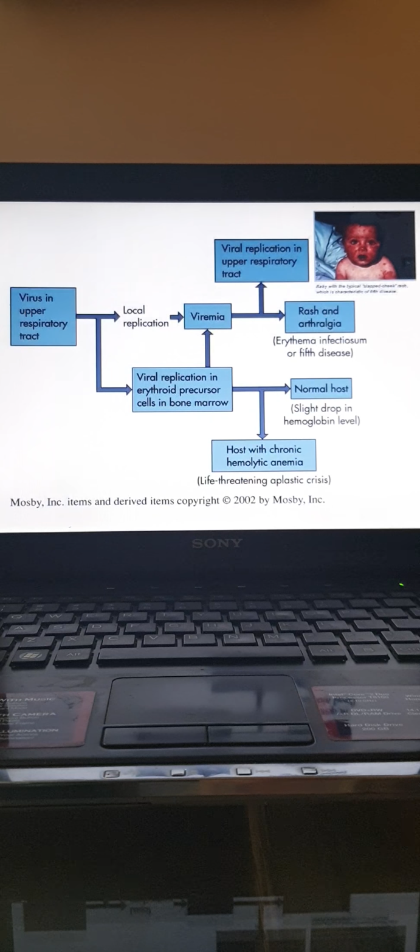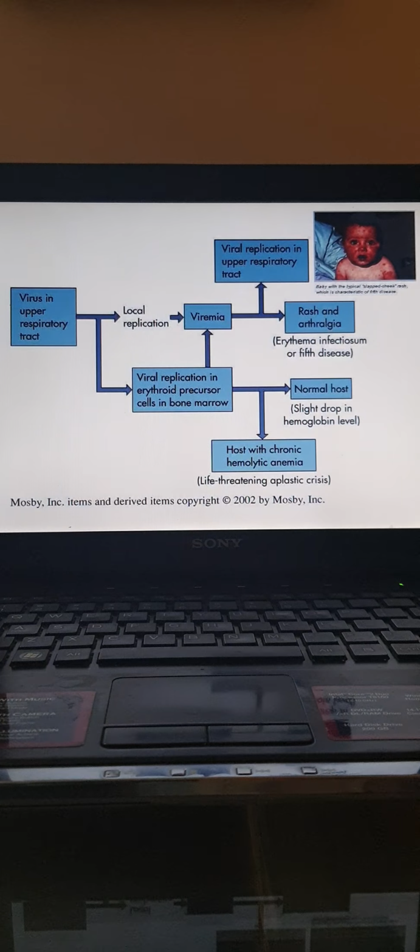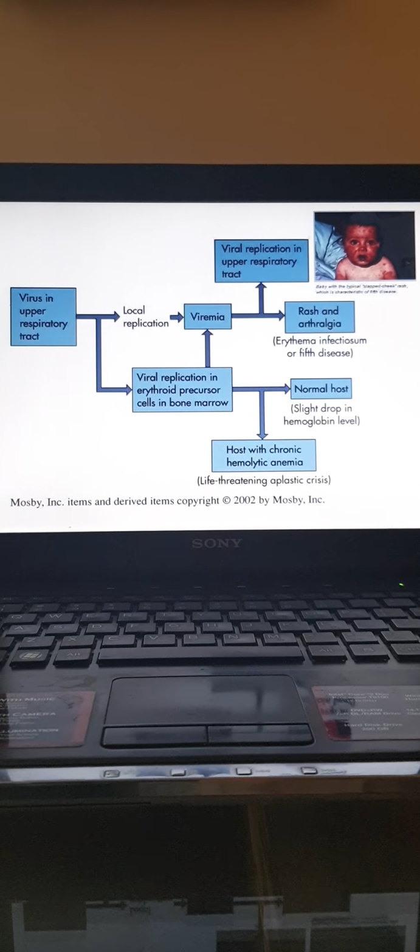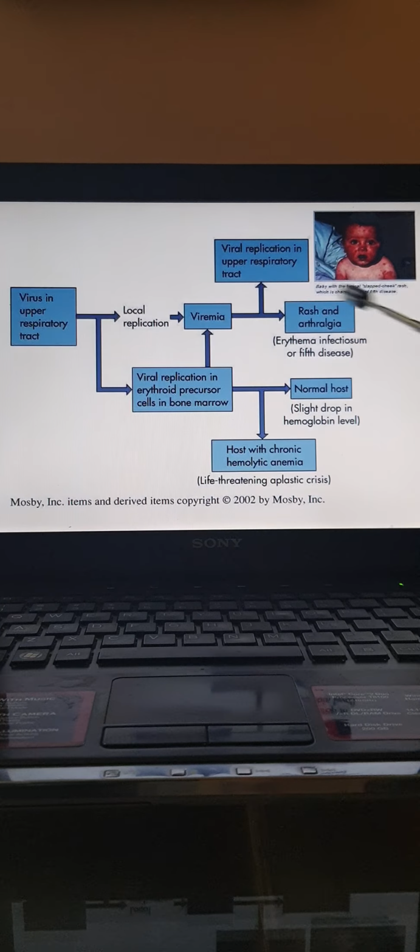So the infection occurs by inhaling the virus through the nasopharynx or upper respiratory tract, and then it can replicate locally, or reach the blood and cause viremia. It can also reach the endothelial cells, where it causes the rash and arthralgia, which is the fifth disease.